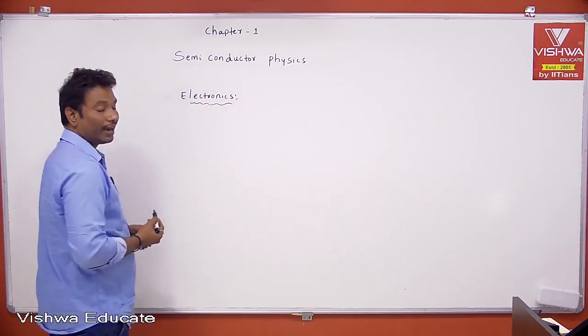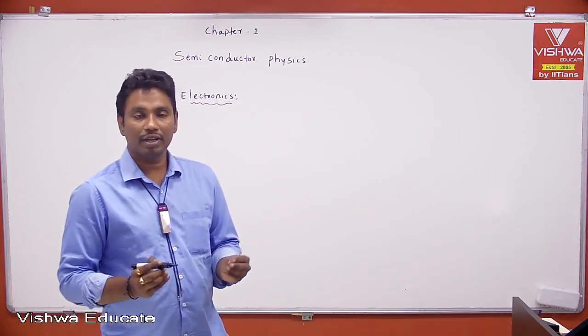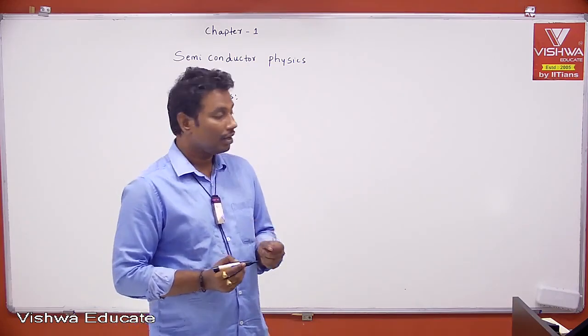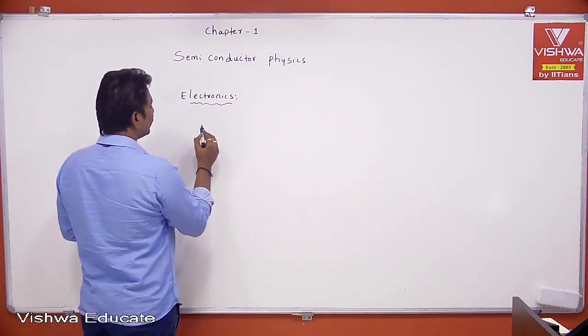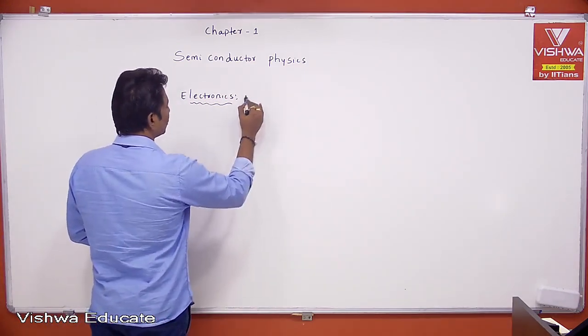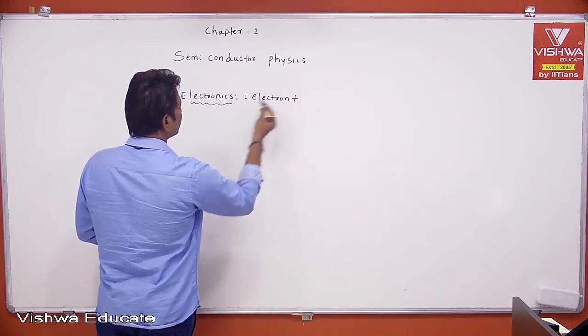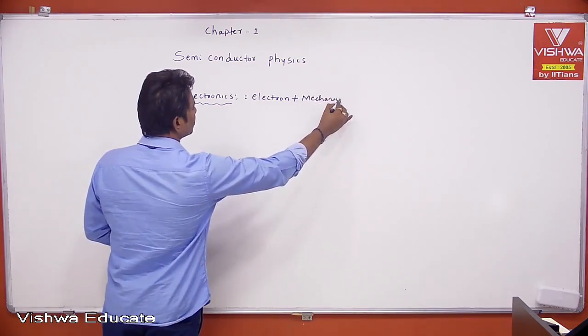Right. So electronics is nothing but the study of motion of charge carriers in a semiconductor material. Now here electronics can be divided into two parts, electron plus mechanics. Actually it is a combination of the two words, electron plus mechanics.